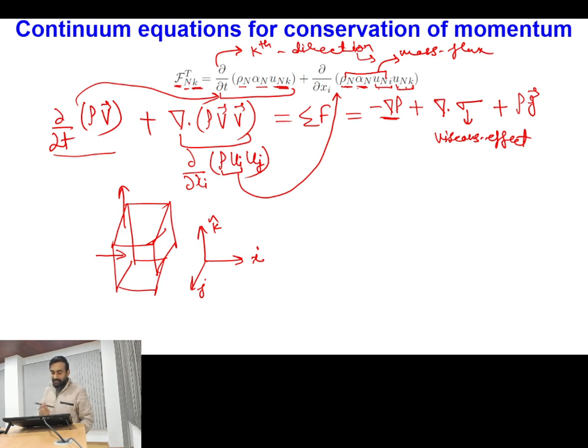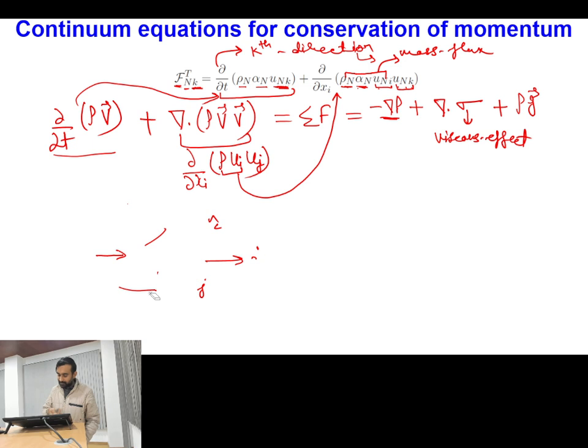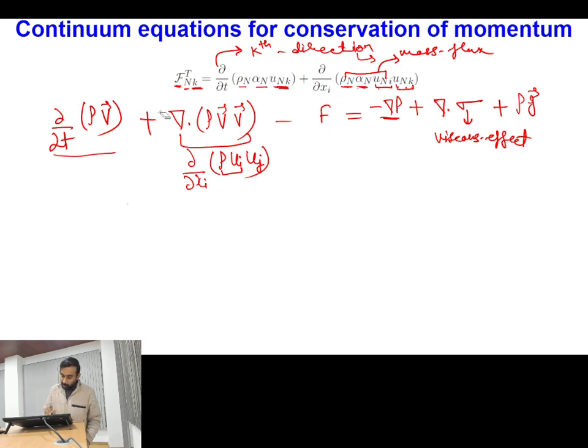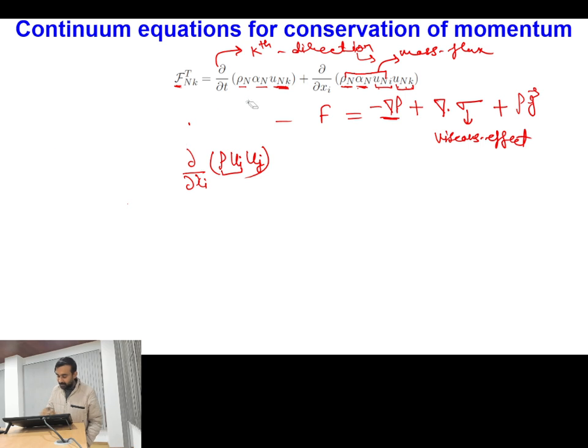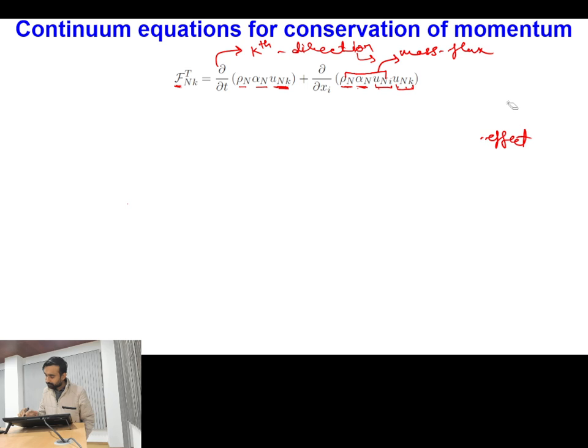Net forces acting on the nth phase in the kth direction. Now it is important to determine how to find out F n k. So what I will be calling this is nothing but my individual phase momentum equation.